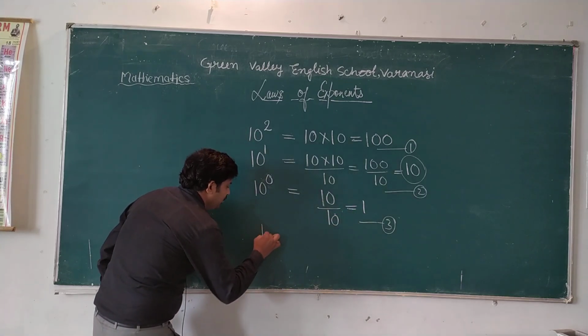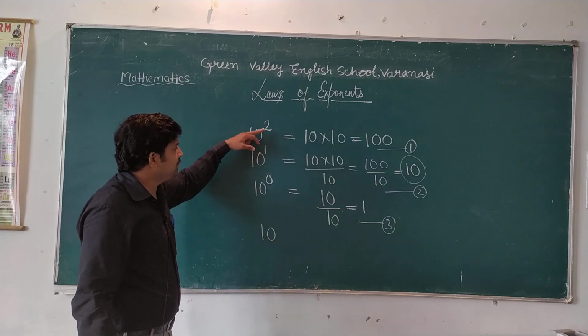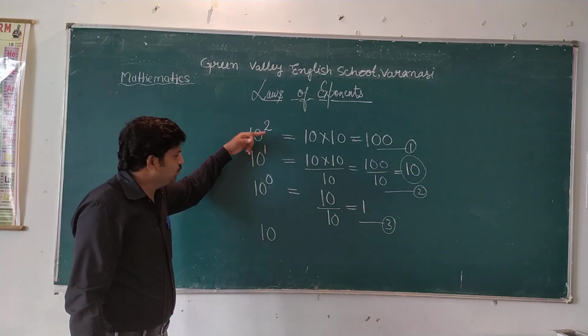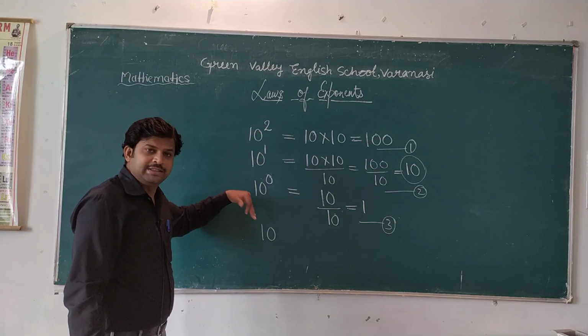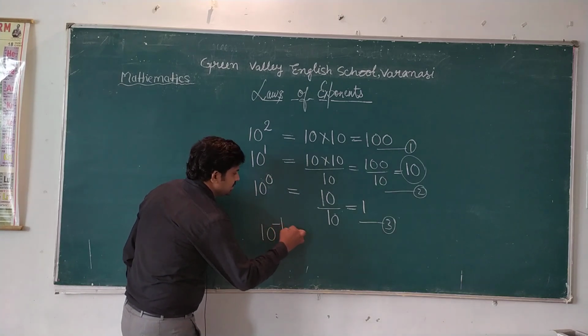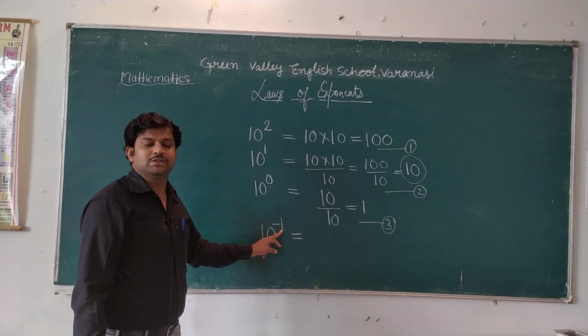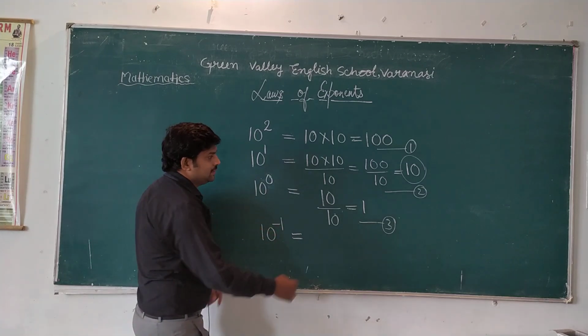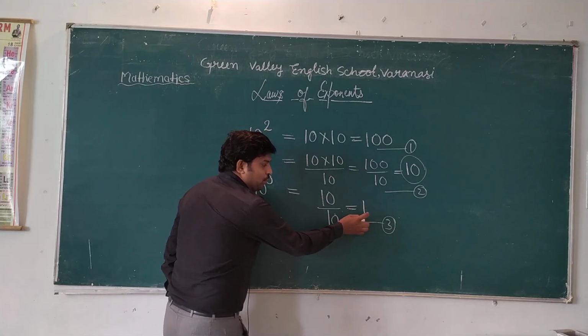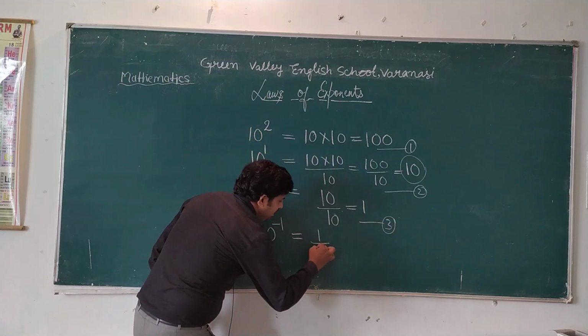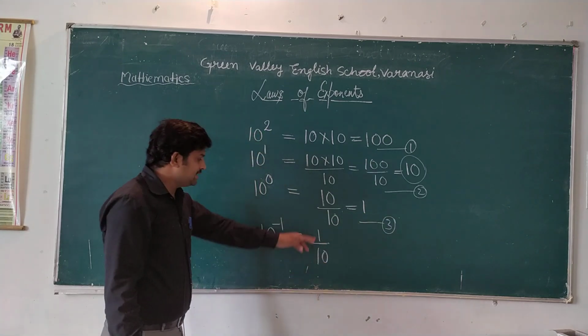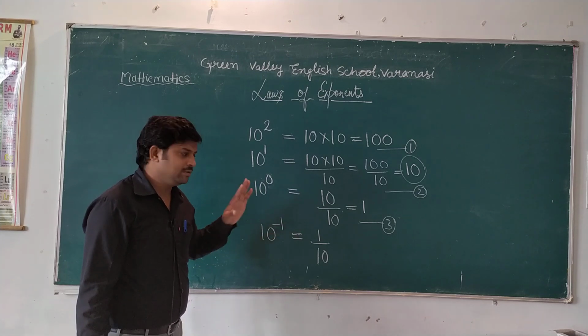Now here we see that the powers are 2, 1, 0. The next power is minus 1. What is the value of 10 to the power minus 1? When we divide 1 by 10, this is the value of 10 to the power minus 1.